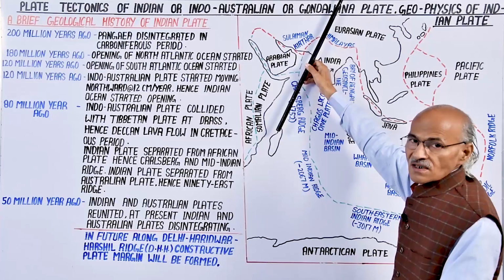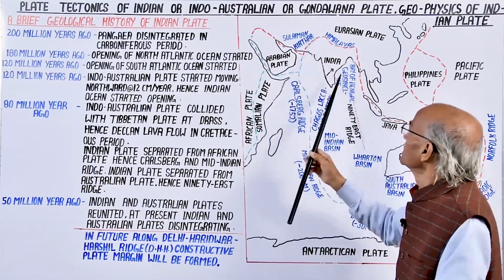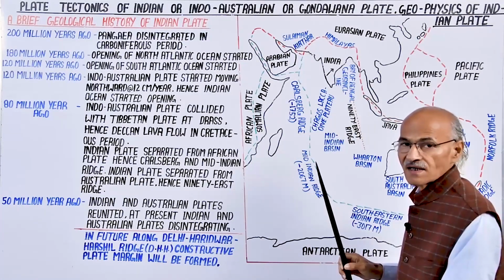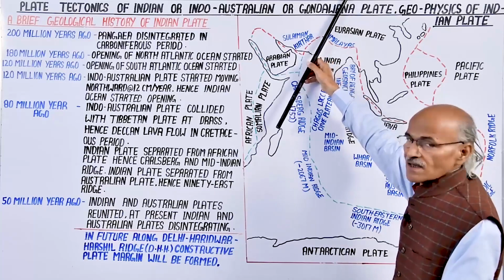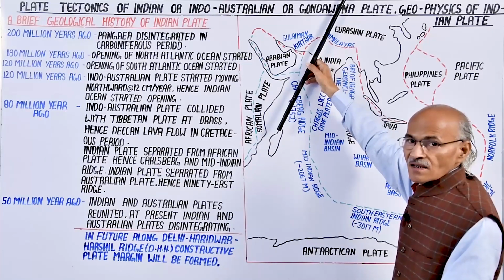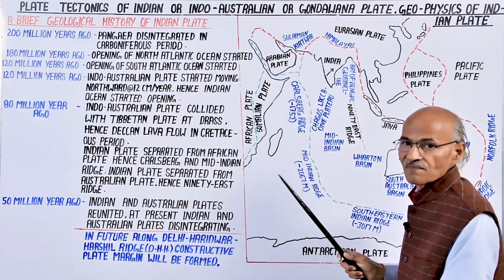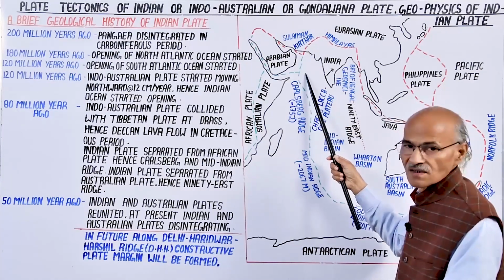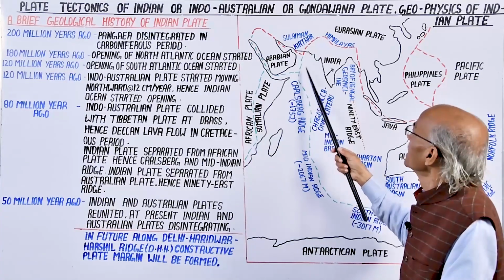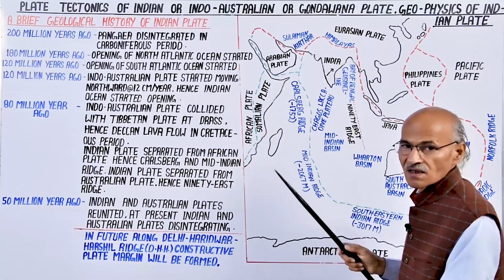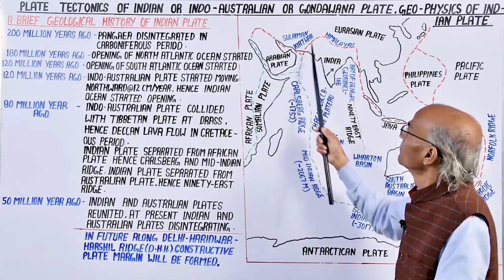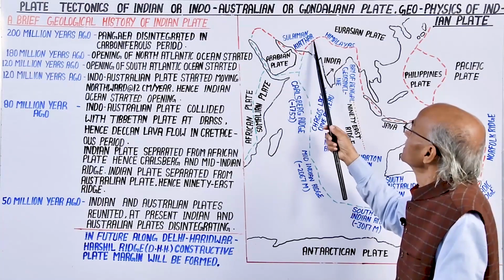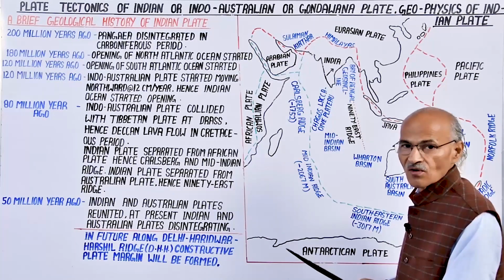Delhi-Haridwar-Harsil ridge. It is also supposed that when this Indian plate turns northeastward and moves at a rapid rate, certainly a fracture will develop here, a ridge will be formed, and there will be a constructive plate margin in spite of this destructive one, and this Carlsberg ridge, that is, the constructive plate margin, will extend through the Delhi-Haridwar-Harsil ridge, and Indian land will get separated from the Suleiman and Kirthar, and along this line a new ocean will open.